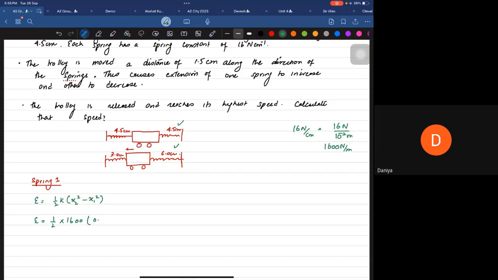So 0.06 squared minus 0.045 whole squared. Do you guys get it? Yes, like that. Sorry about that. Can you guys please help me find the answer to this?